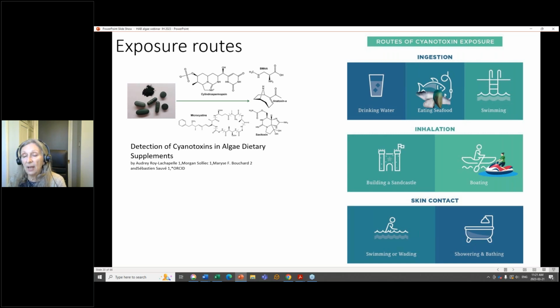You can also inhale them, and this is more concerning than it might seem. Personally, I'm not too terribly worried about sandcastles, but boating is a definite concern because any boating can produce an aerosol that is easier to inhale. Skin contact, as I mentioned before, some cyanotoxins affect the skin. And showering and bathing.